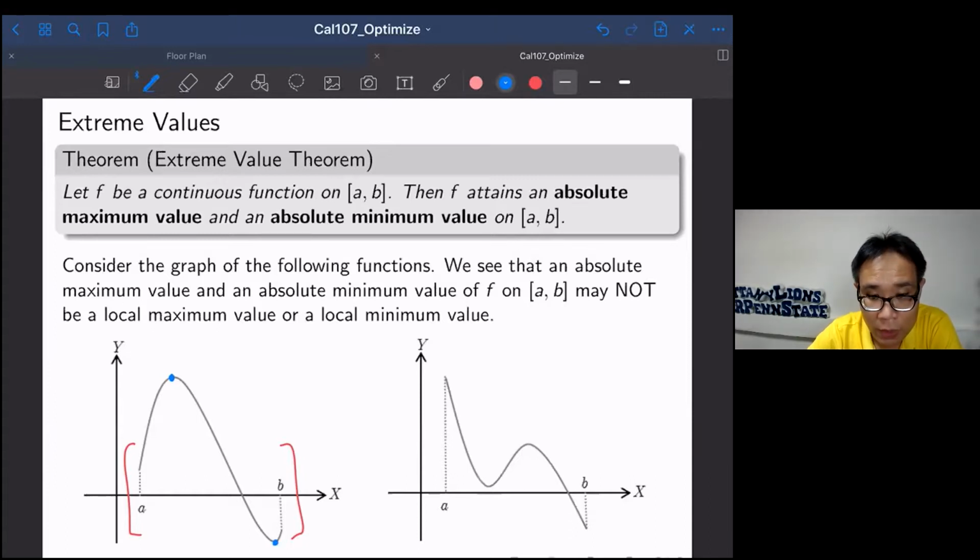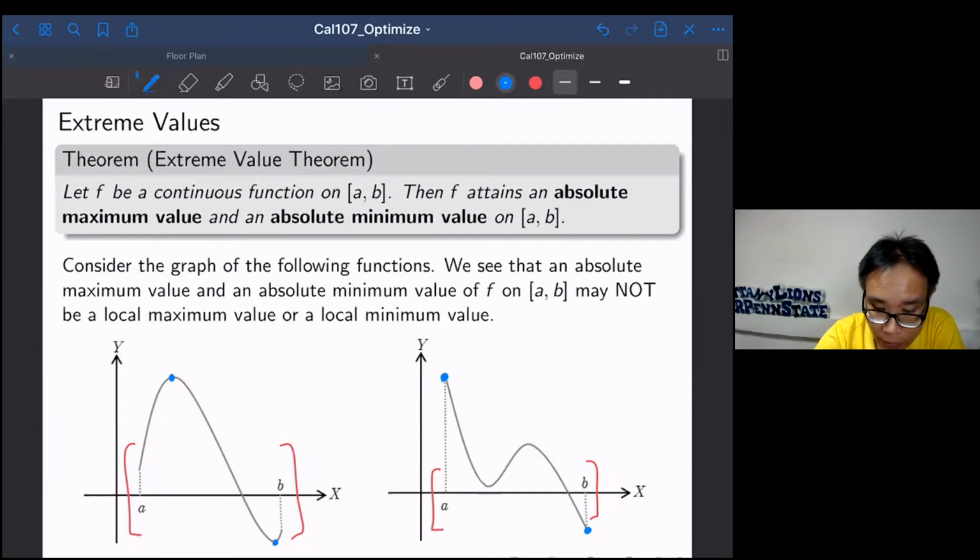That will be the lowest point. So you see that the highest one happens here. This one gives you the highest point, and the other end will give you the lowest one.